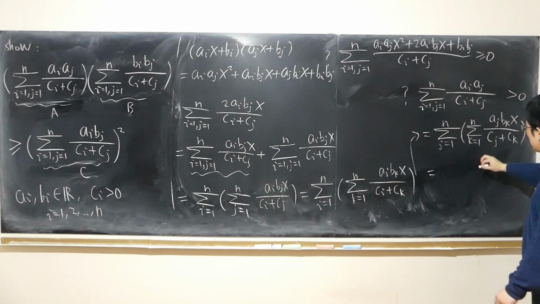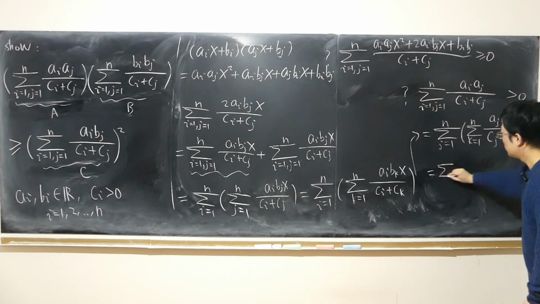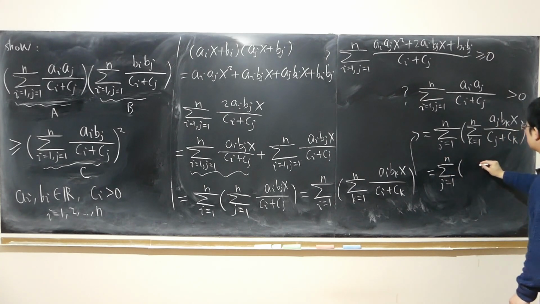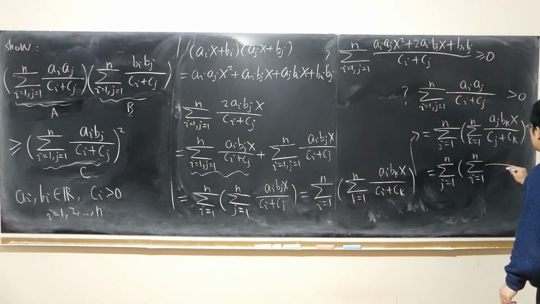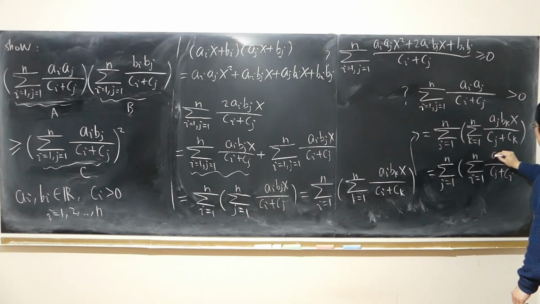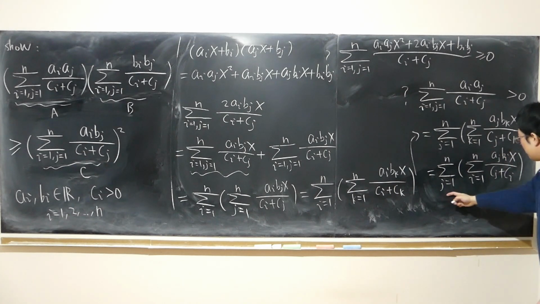Now we change k into i, i from 1 to n, 1 over cj plus ci, aj times bi. Right? Same thing. Okay. First sum with respect to i, then sum with respect to j.